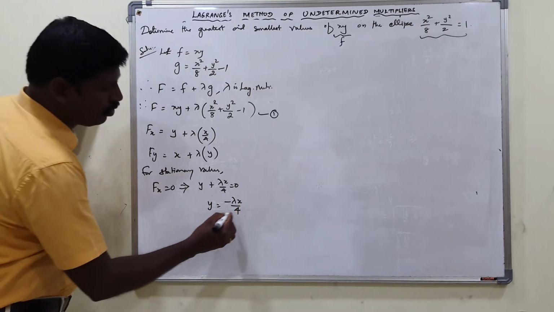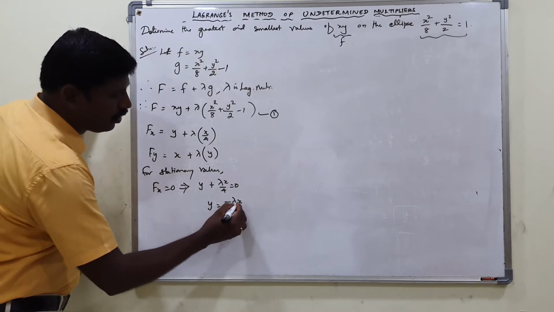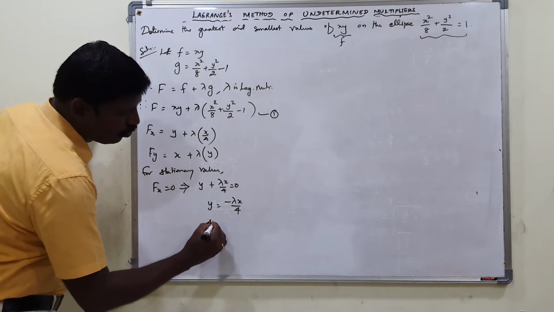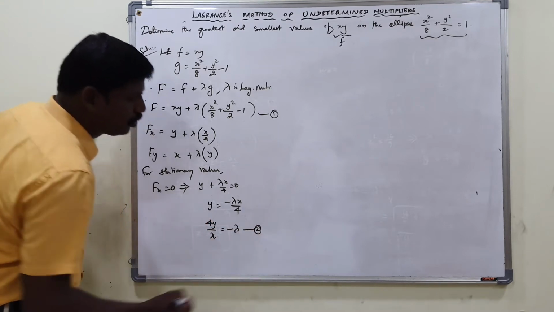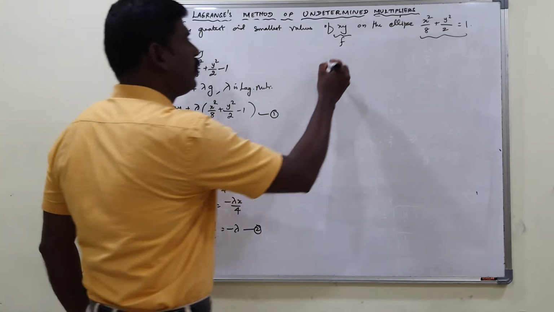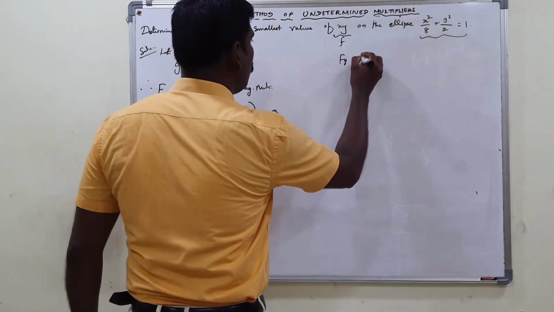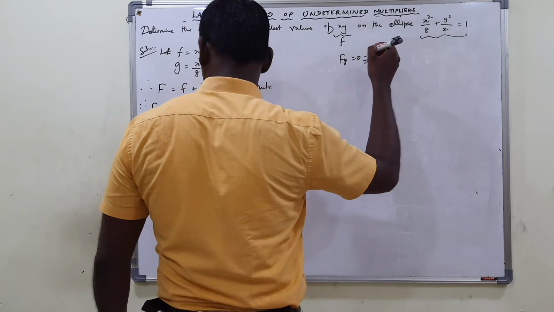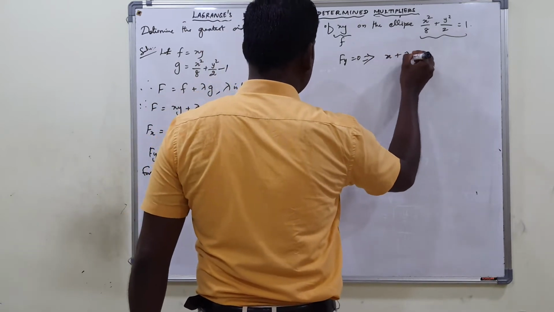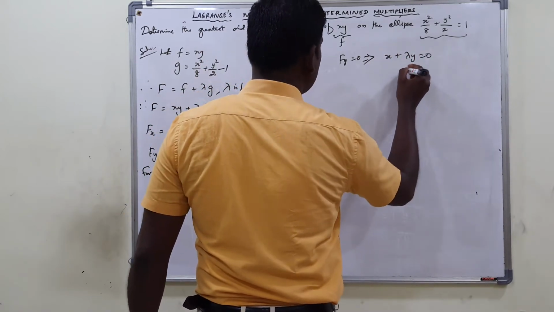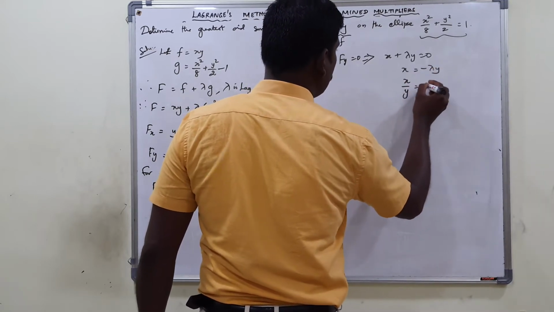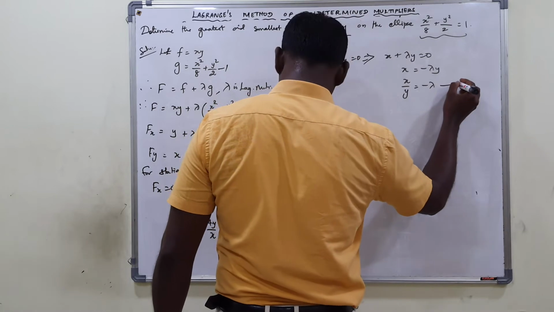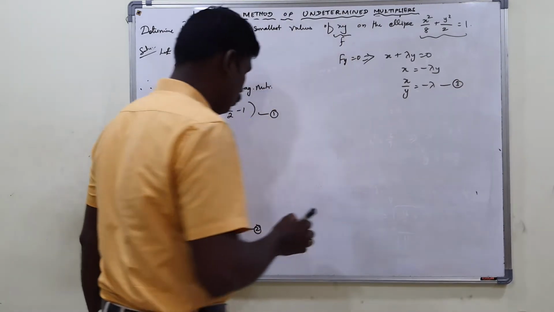Taking the 4 to the left hand side and x, 4y by x is equal to minus lambda. Call this equation number 2. Same like that, equate Fy to 0. So Fy equal to 0 implies x plus lambda y equal to 0. So x equal to minus lambda y. So x by y equal to minus lambda. Call this equation number 3.